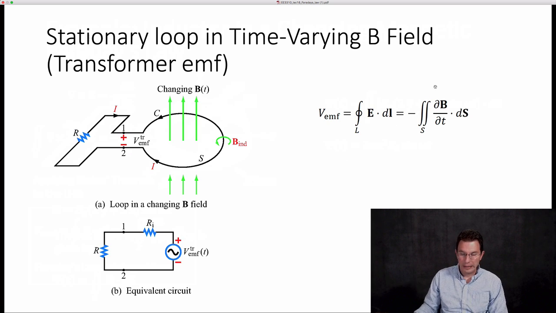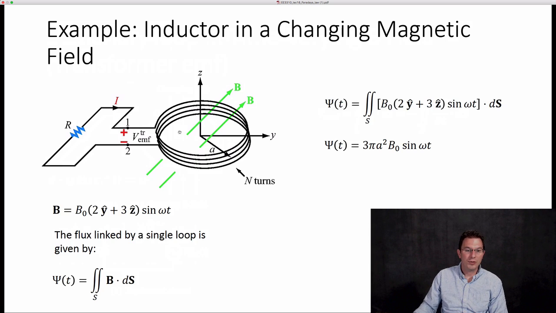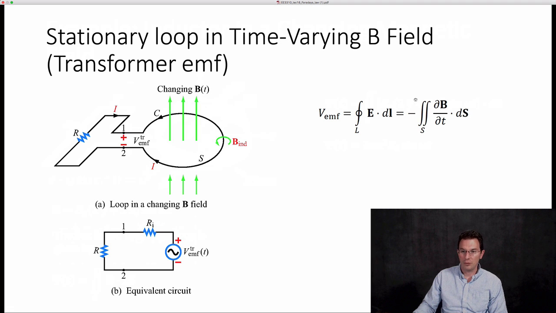The first thing we need here, if you ignore the time derivative, is that what we really have on the right-hand side of Faraday's law is the flux of B through the coil. That's really what we're talking about. So first, if we find the flux, we can then take a derivative with respect to time and multiply by -1 in order to figure out what the EMF is.